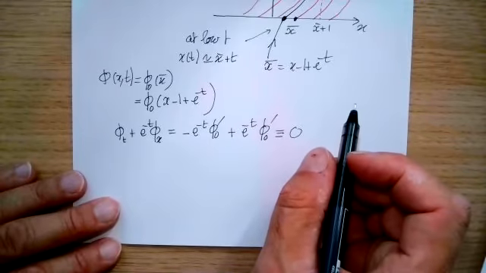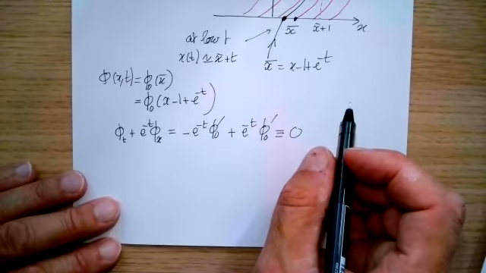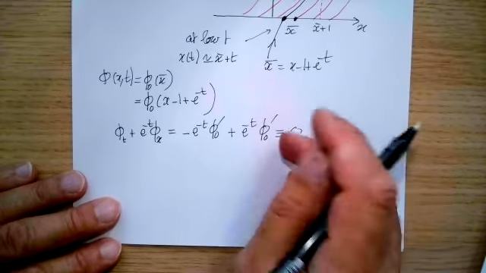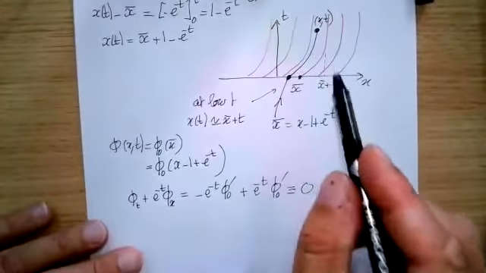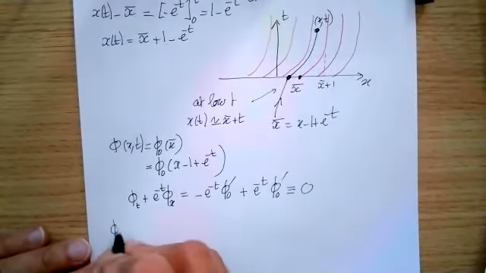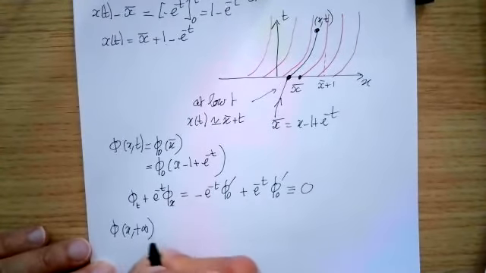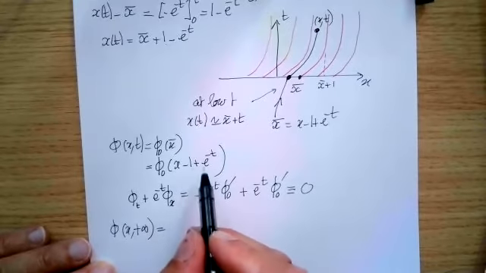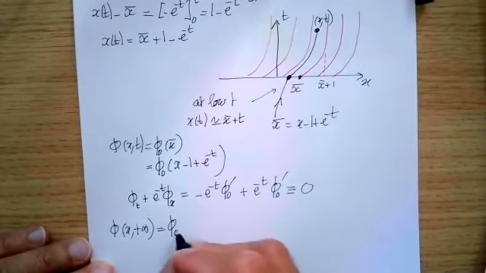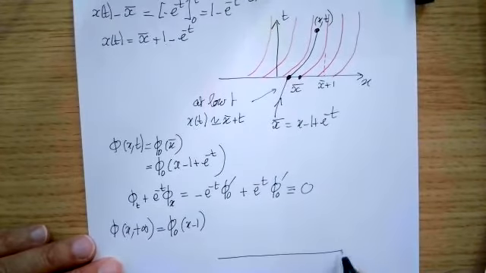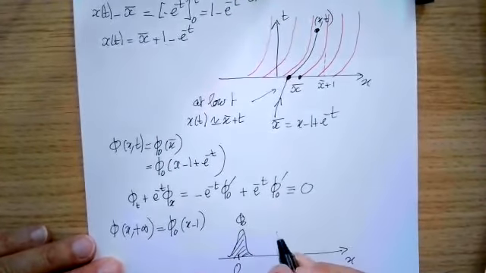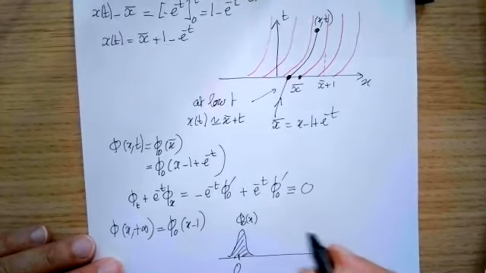Just remark that also, since the characteristics are so simple, they are drawn here. At plus infinity, one has psi of x, plus infinity. This is simply, look at this, this is simply psi naught of x minus 1. So for instance, if we had here a psi naught which was centered around 0, this would be psi naught of x.